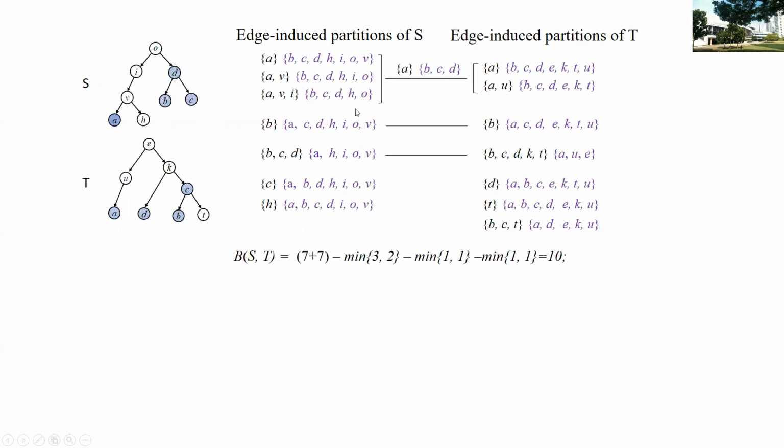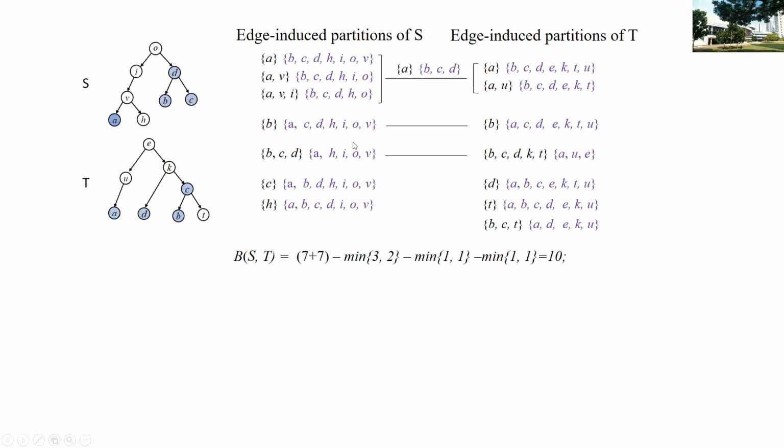It's not hard to find that these 3 edge-induced partitions of S and these 2 edge-induced partitions of T are similar to a common partition on the set of common labels, which is A versus B, C, D.